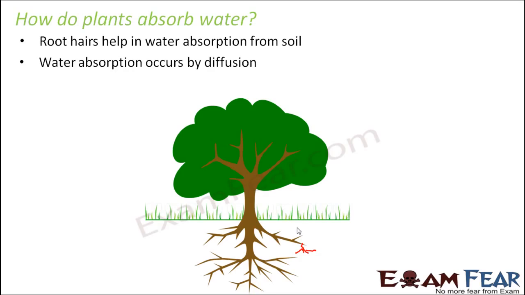Sometimes it also moves from region of low concentration to high concentration, because in diffusion also you have different types of diffusion. It can be active transport, it can be simple diffusion, it can be facilitated diffusion. So this water absorption phenomenon takes place by the process of diffusion. Now depending upon the concentration in the soil and in the root hairs, the type of diffusion is decided.